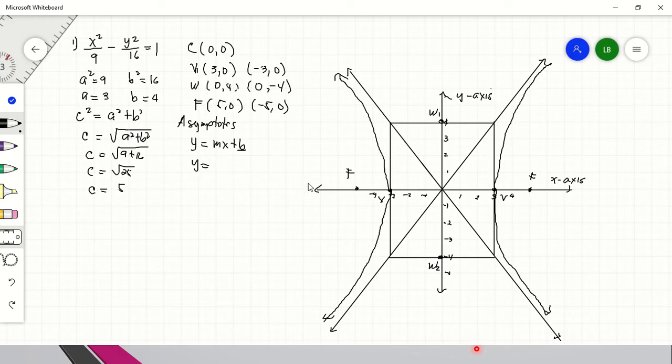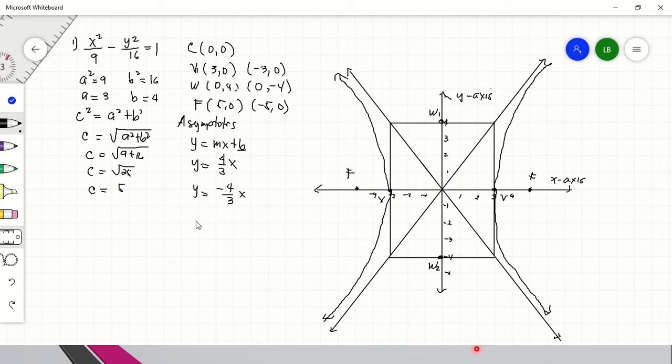At rise over run, so this is rise over run. So, 4 over 3. So, 4 over 3x. Yung isa, y equals negative 4 over 3x. So, the line is sloping upward to the left. And this line is sloping upward to the right.